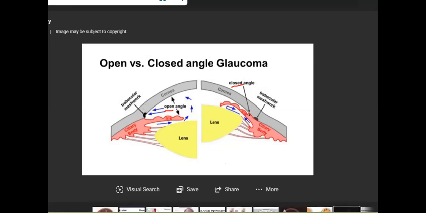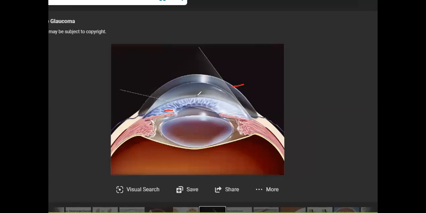We have another very good picture, this picture. In this picture you can see all of this region, this disc, this is the trabecular meshwork. So this region is the cornea of the eye. It is transparent so that light can pass through it.